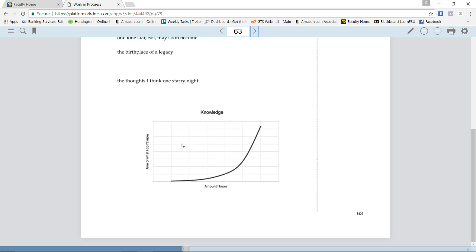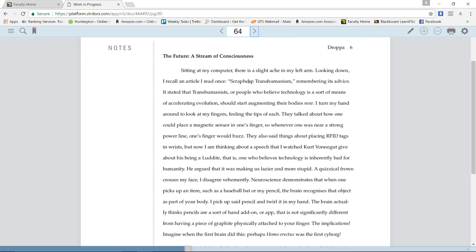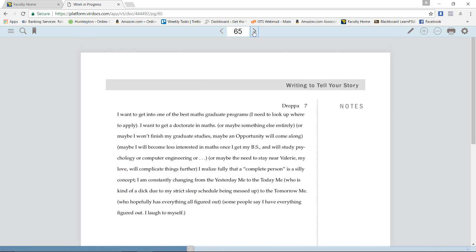There's an old saying that says, the more I know, the more I realize what I don't know. And that's kind of what he's showing here on this chart. So again, an interesting, different way of using multiple genres rather than just a boring, plain old 4 or 5 pages of writing, right? And then a stream of consciousness here, what he ends it with.